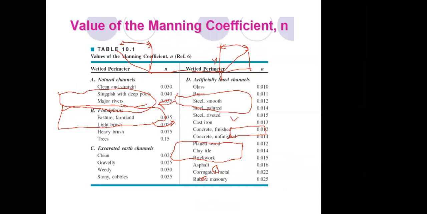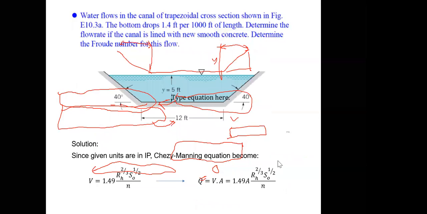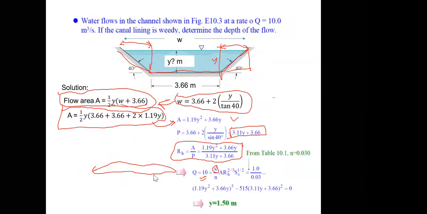So this is your surface condition over here. 0.03, go back over here. So 1 divided by 0.03 times the area, you can just input over here, times R_H to the power of 2/3, times the slope, 0.0014, I believe, 0.0014.